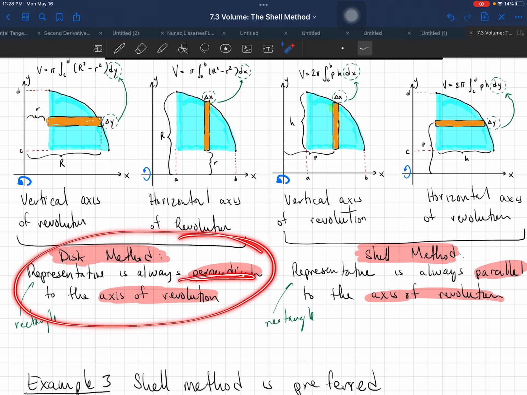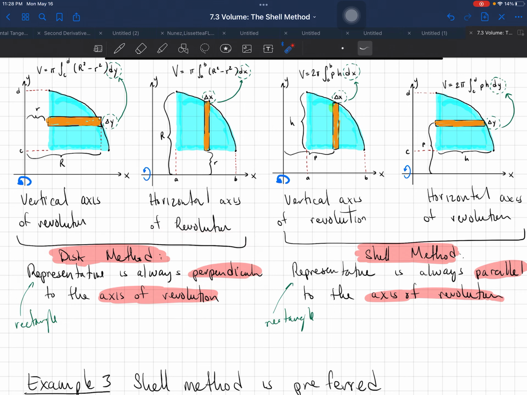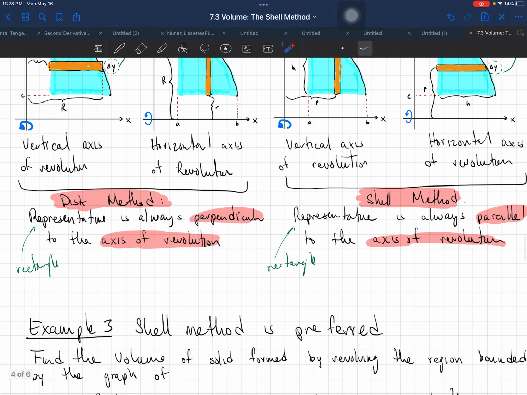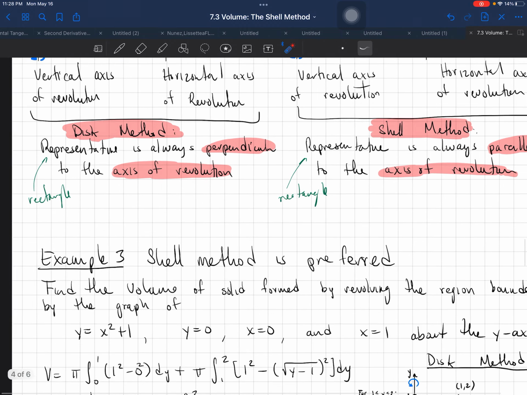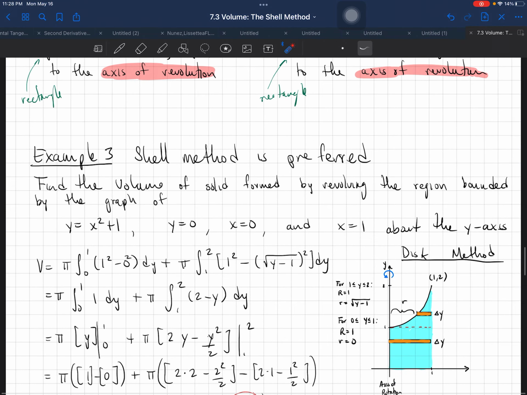Your disk method will always be perpendicular to the axis of revolution, and the shell method will always be parallel to the axis of revolution. So I hope that gives you a better understanding, and you're able to set up the problem with a little more confidence, because you can double check that you're doing this correctly.